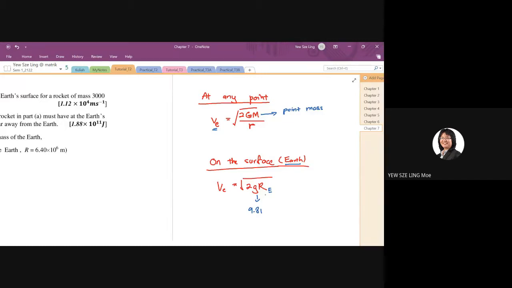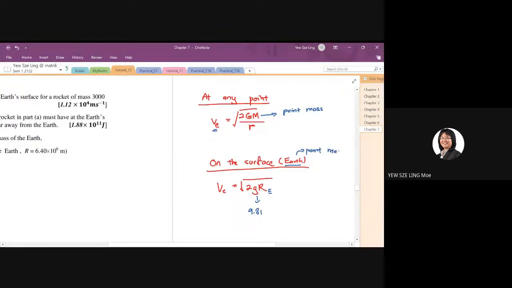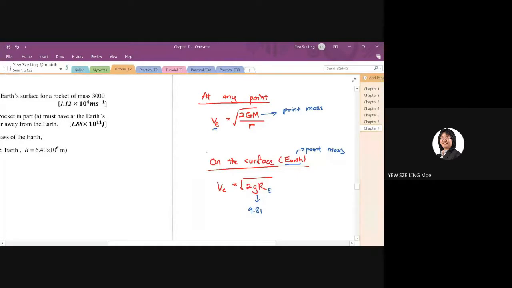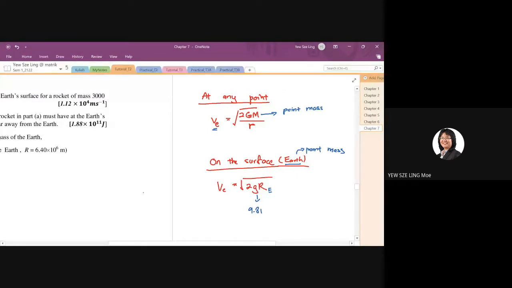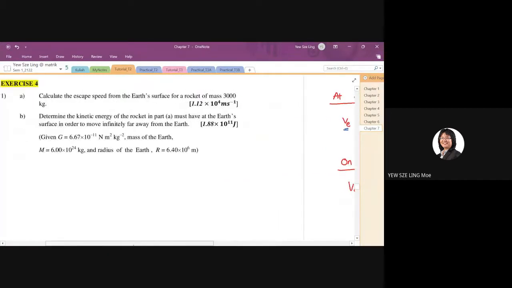Then you use this velocity. You just use the information of the point mass. In this case, the Earth is our point mass. So when it comes to escape velocity, test mass is not that important. Test mass is not very important when we look at escape velocity. We focus on the point mass.